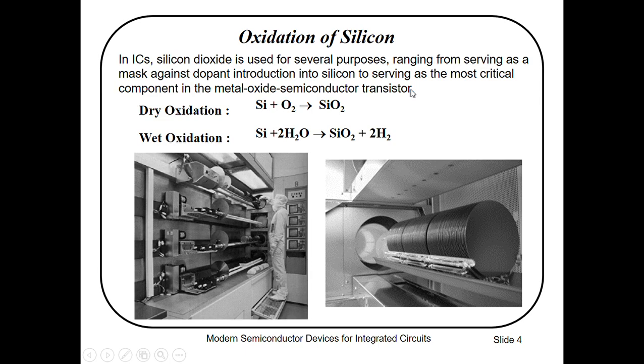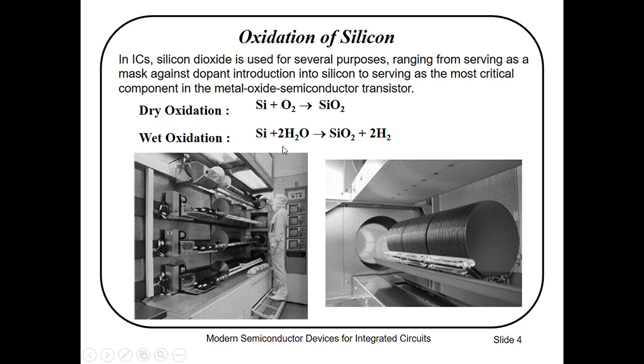SiO2 layers of precisely controlled thickness are produced during IC fabrication by reacting Si with oxygen gas or water vapors at elevated temperature. Here you can see dry oxidation and wet oxidation.